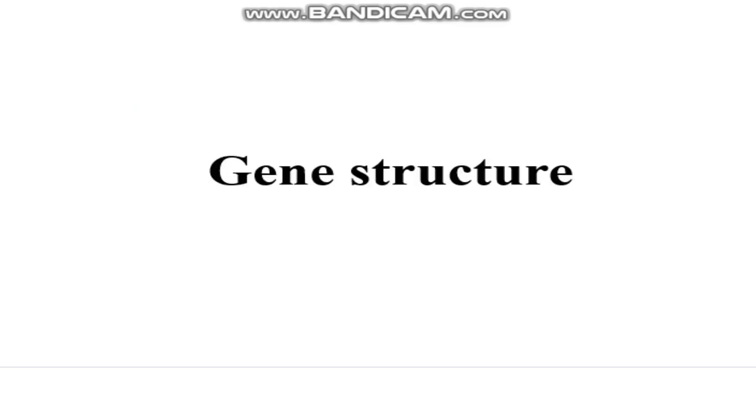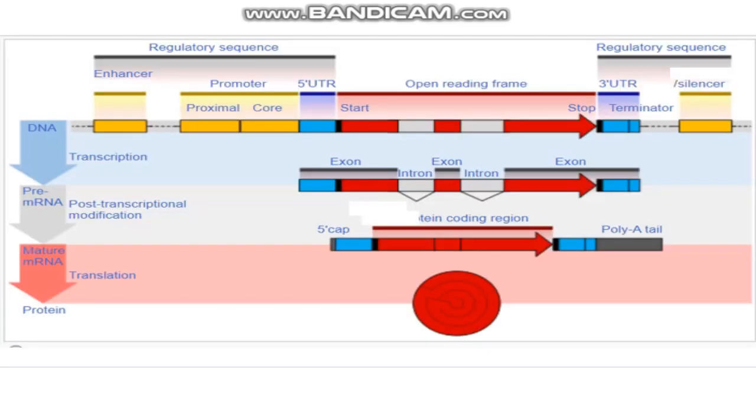As we know, a gene comprises the exons as well as the intronic regions between the start codon and the stop codon. You can see here the regions upstream of the start codon and also some regions downstream of the stop codon, which are labeled as regulatory sequences. The upstream regulatory sequence is comprised of enhancer, promoter, and 5' UTR.